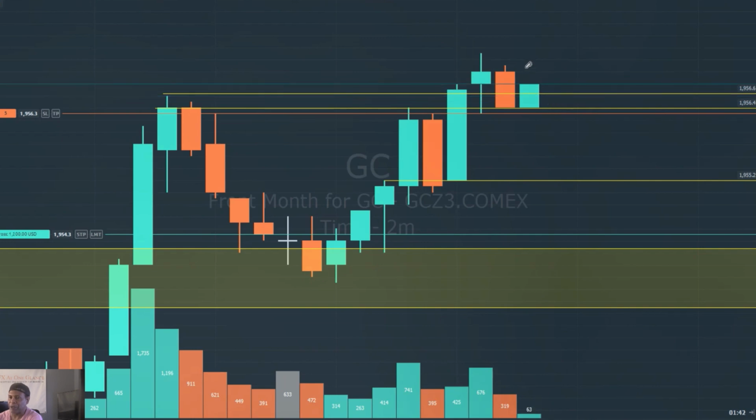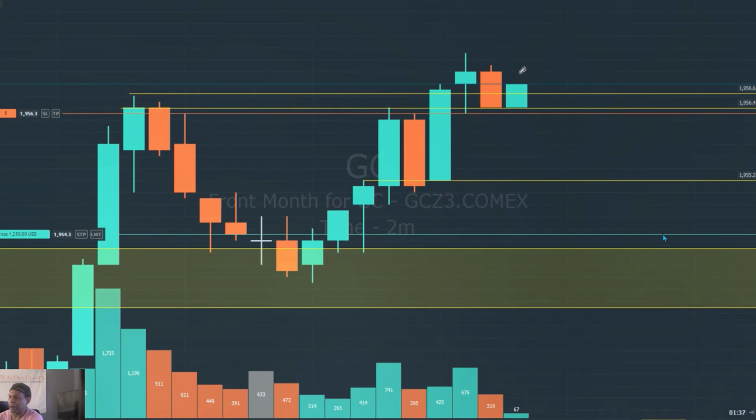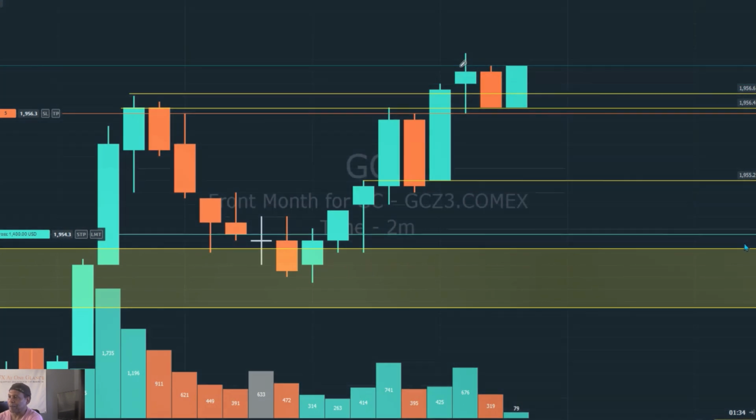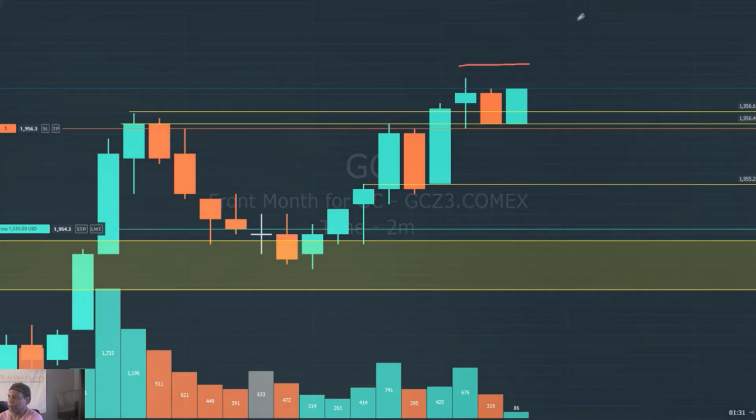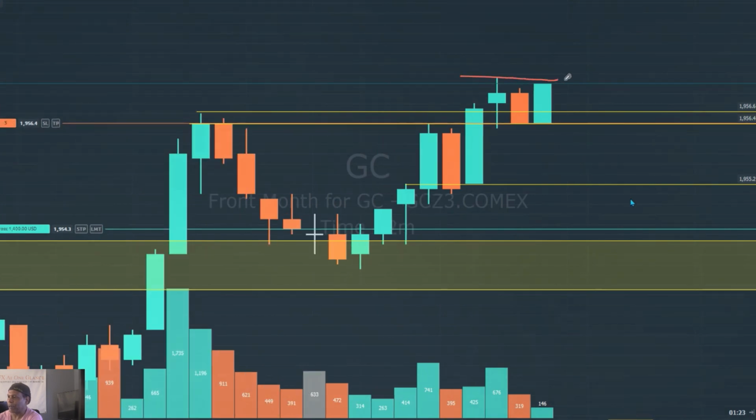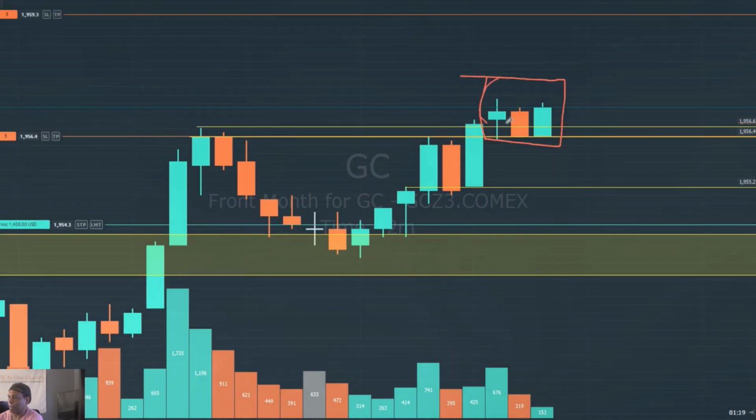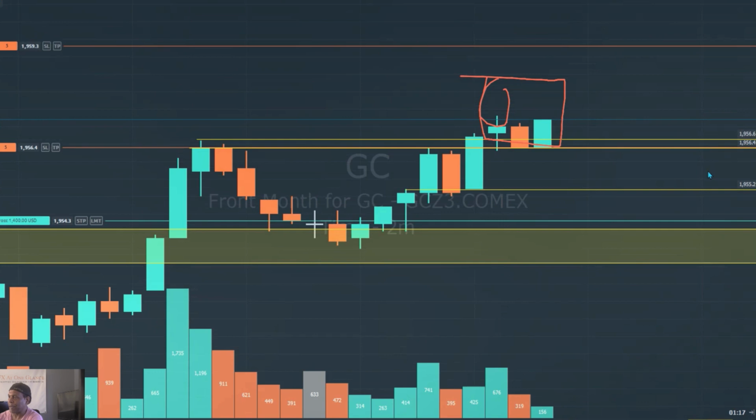Now see, this was a nice push back up. I thought the market was going to be able to break. And you will realize that we're in this little, whoops, I keep moving the chart. We're basically in between this candle right here and this candle.